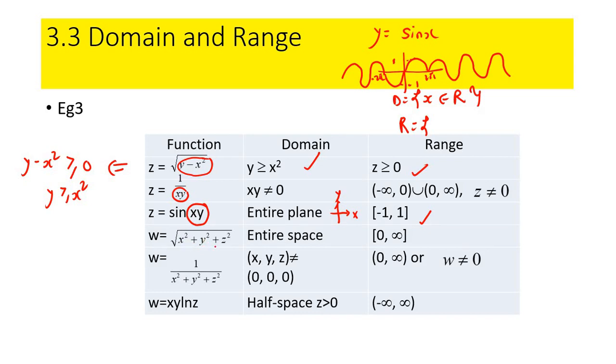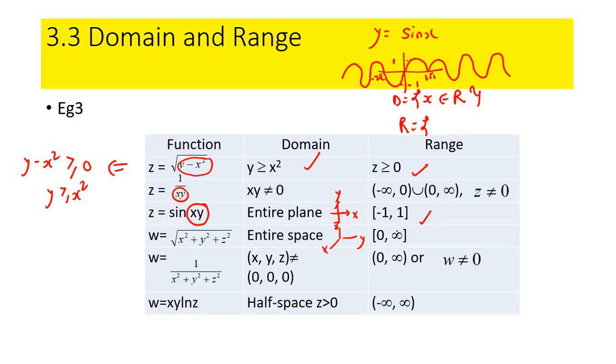That's why x, y, z can take up negative values, 0, and positive values. That's why it's the entire space. It takes up all values in 3D in x, y, z. There's no restriction of any value that cannot be taken by this function. So that's why the domain is the entire space.